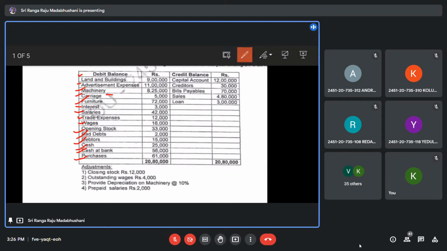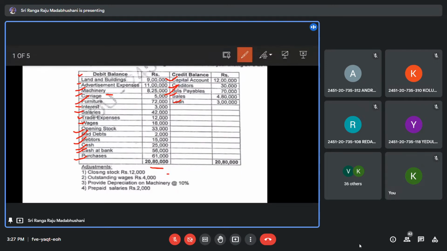Then coming to credit side: capital, liability; creditors, liability; bills payable, liability; sales, trading account; loan, liability.